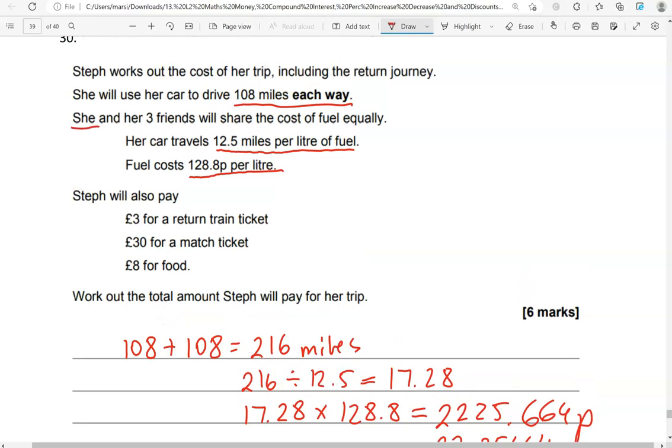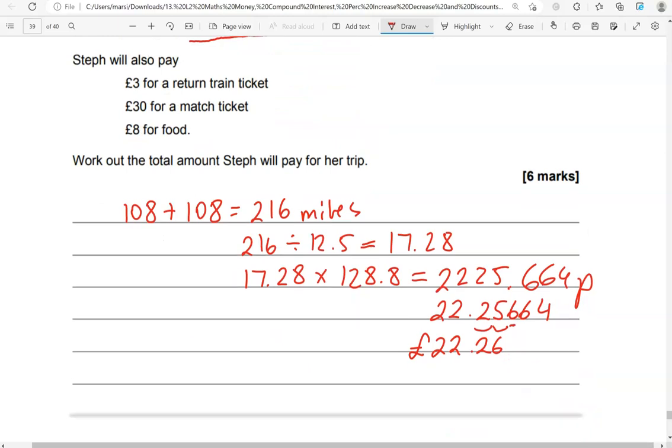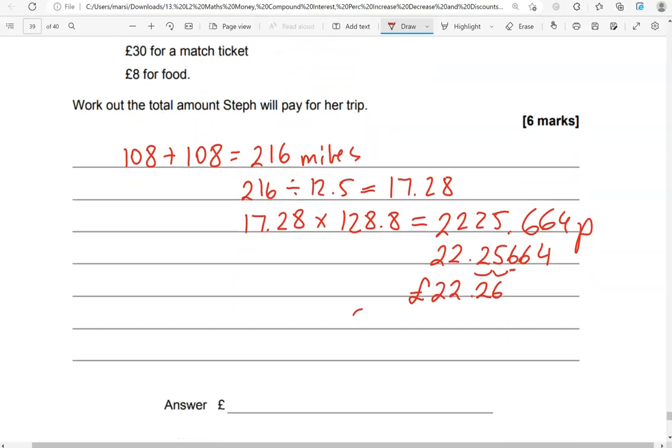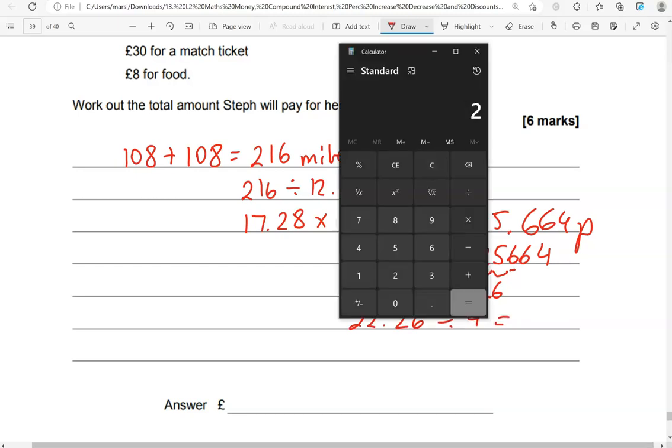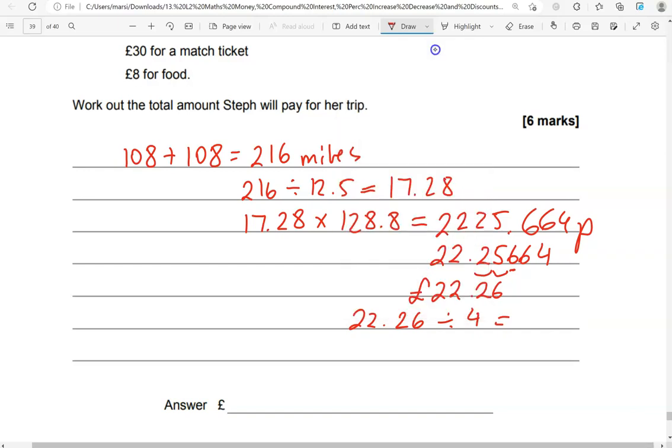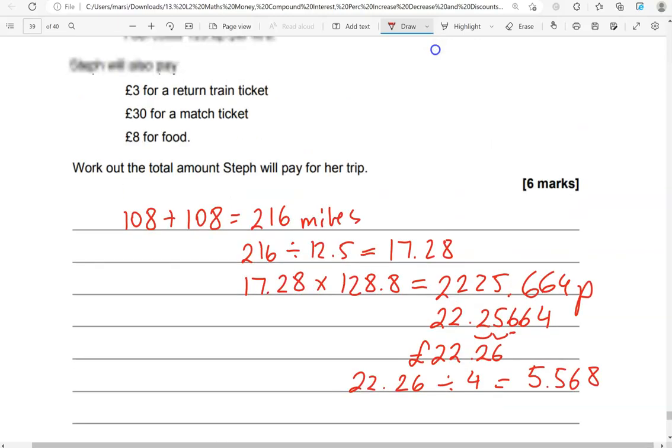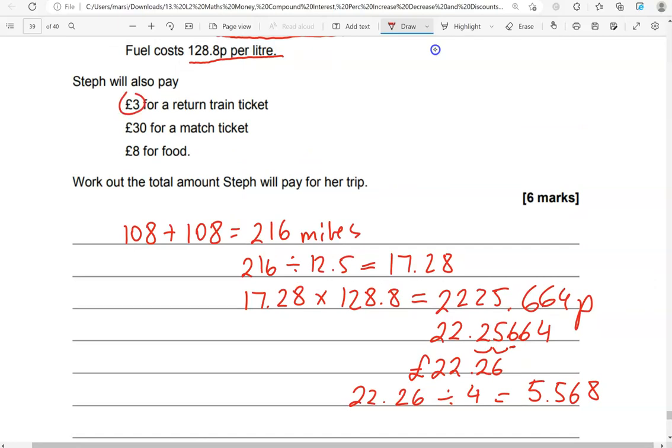But Steph will share the cost with her 3 friends. So we're going to divide this by 4. So 22.26 divided by 4 gives us 5.565. What we need to add to that is £3, £30 and the 8.